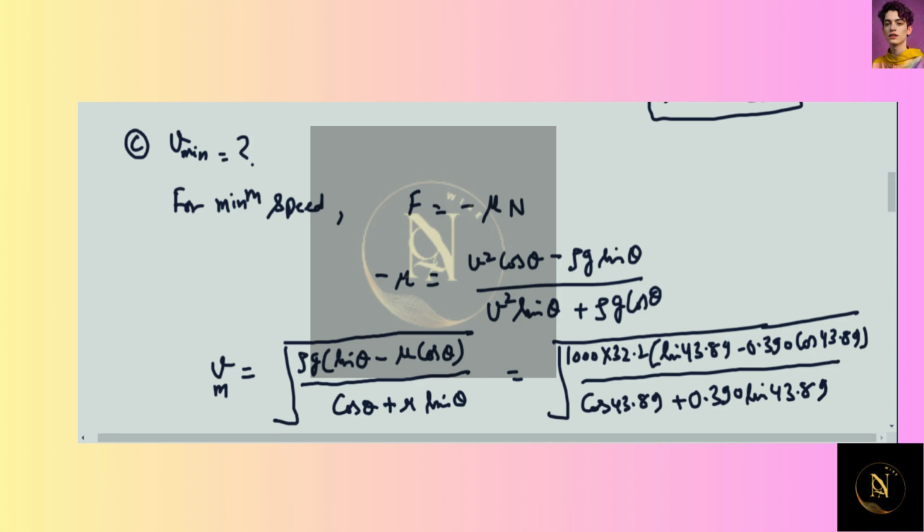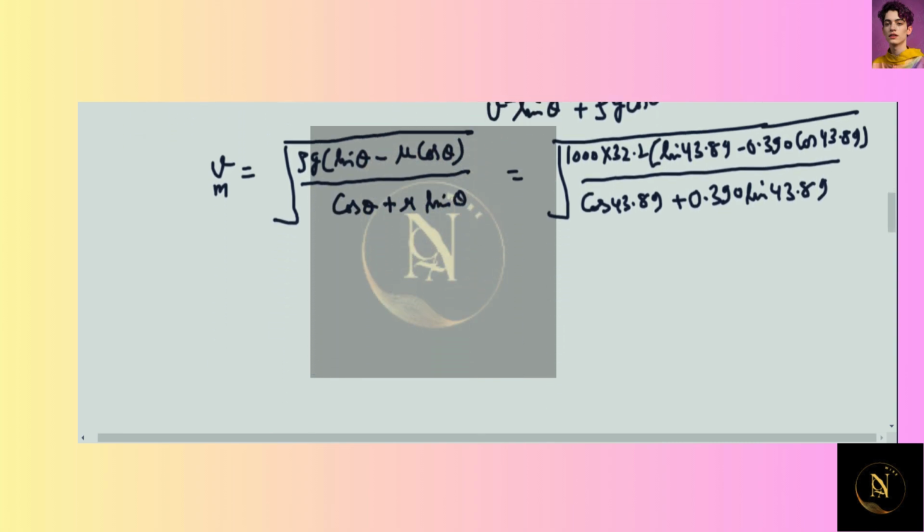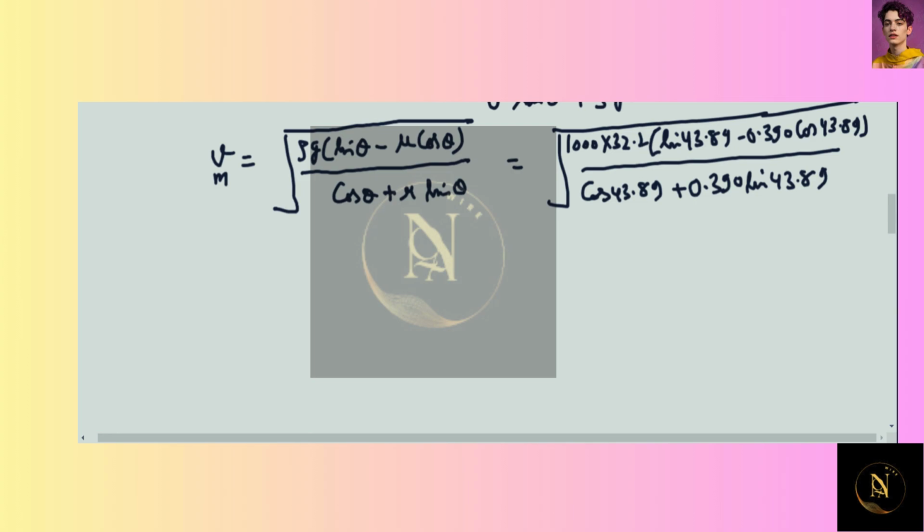So we will get minimum speed by which vehicle can negotiate the curved path, and that minimum speed is 105.62 feet per second, and in terms of miles it will be 78.8 miles per hour.